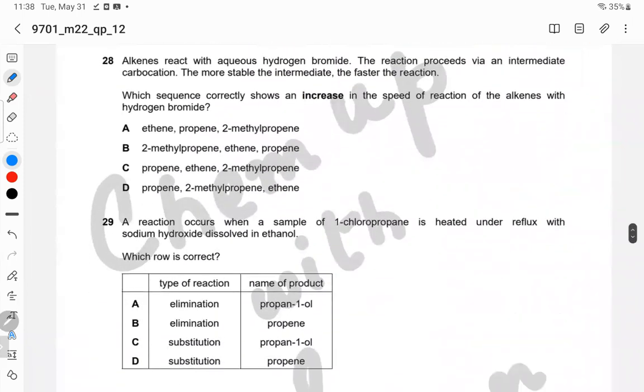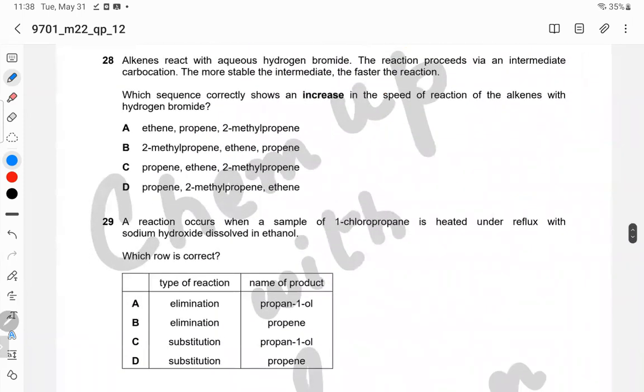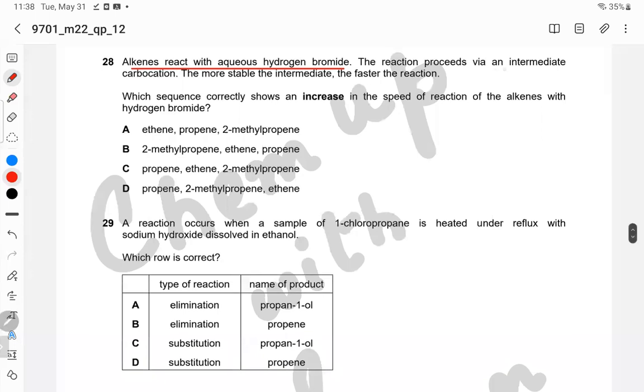Okay. Question number 28. Alkenes react with aqueous hydrogen bromide. The reaction proceeds via an intermediate carbocation. The more stable the intermediate, the faster the reaction. They have given you this information that if the intermediate carbocation is more stable, then the reaction will be faster.